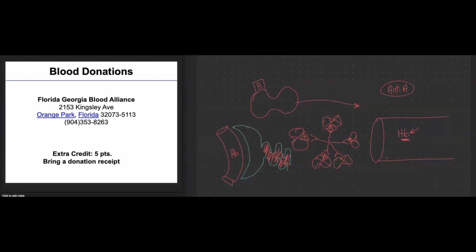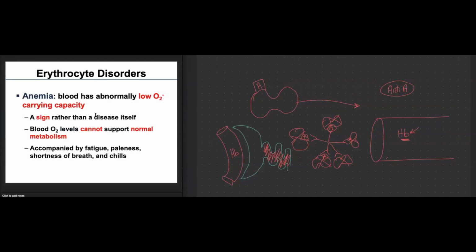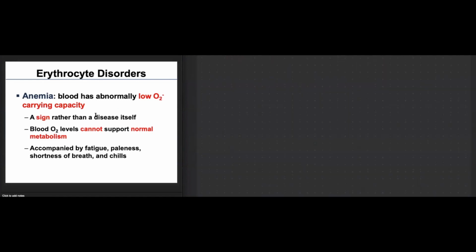Moving on to erythrocyte disorders, and those are the problems associated with the red blood cells. First and most common type of problems that we're going to have is going to be the anemias. An means without, emia blood.